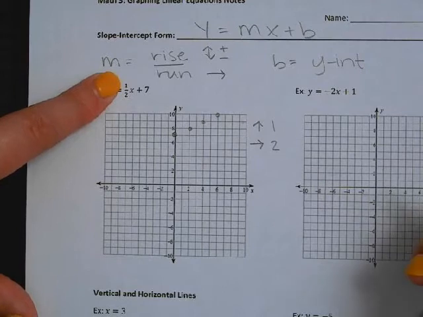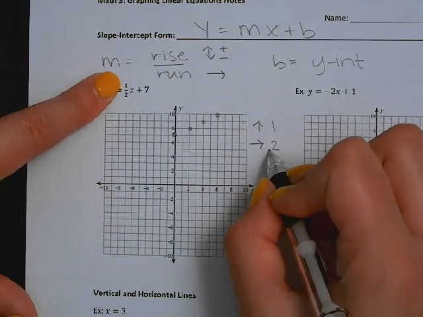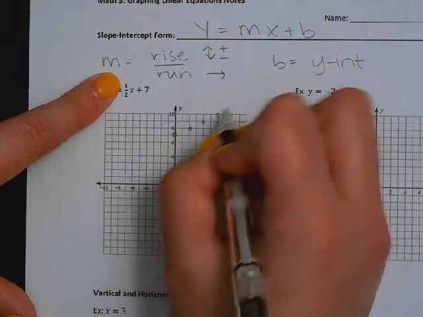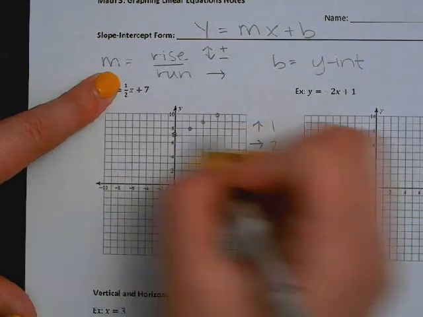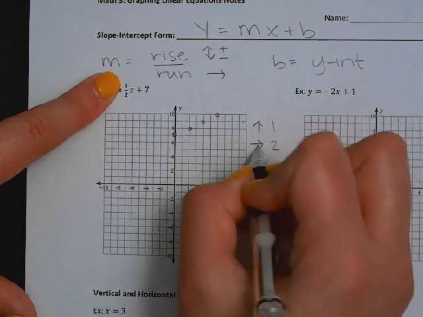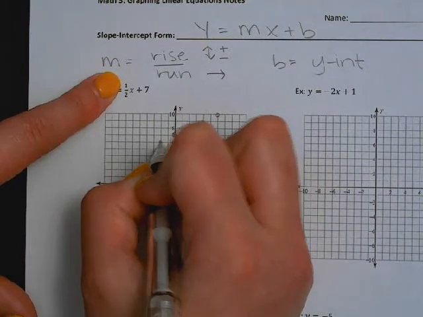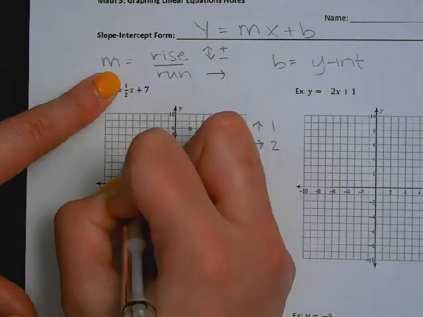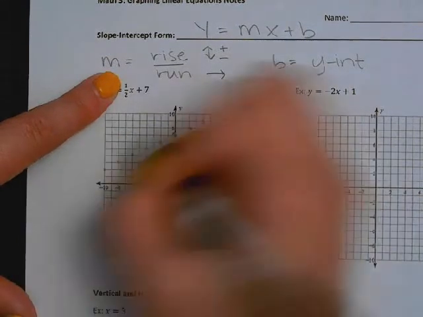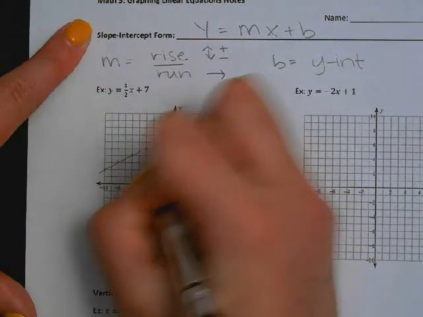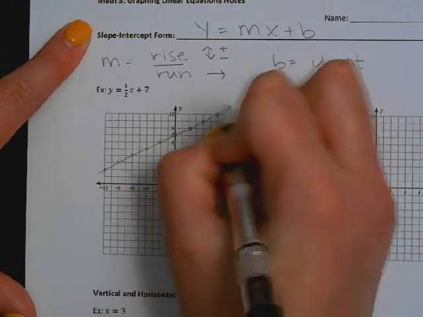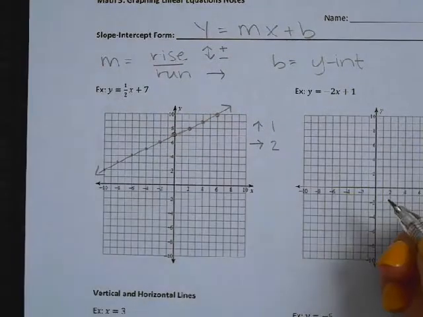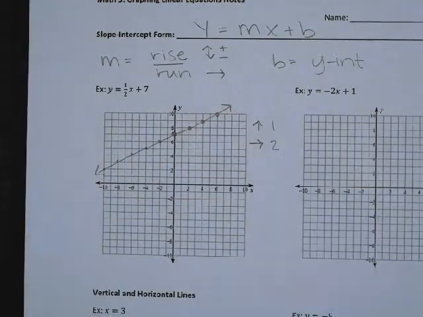The only time I want to move to the left instead of to the right is if I've run out of space, and then I'm doing the opposite to go backwards. So down 1, left 2 would be the opposite. I'm always going to make sure that when I graph the line, I have arrows on each end to show that when it gets past my grid, it continues on.